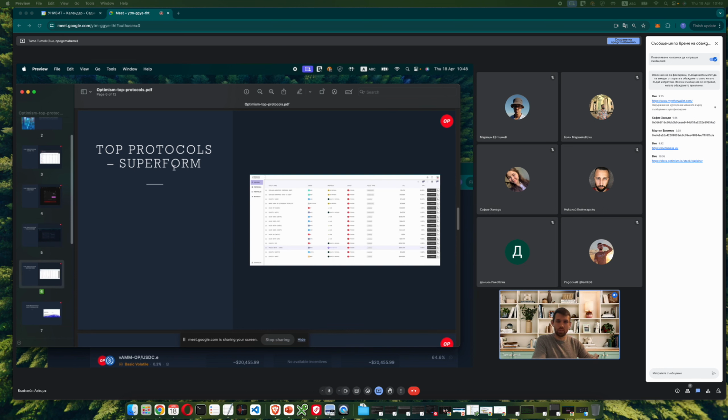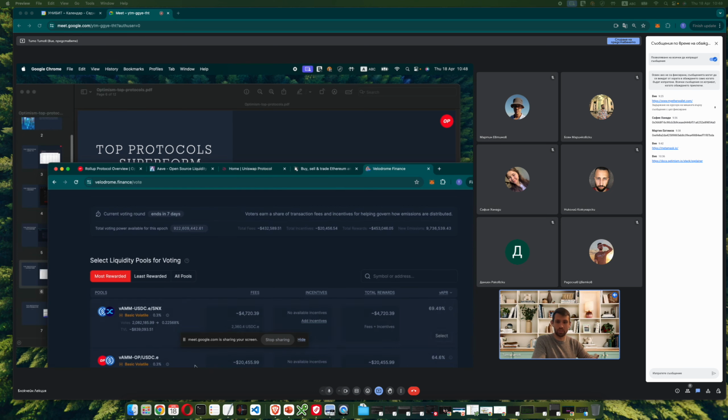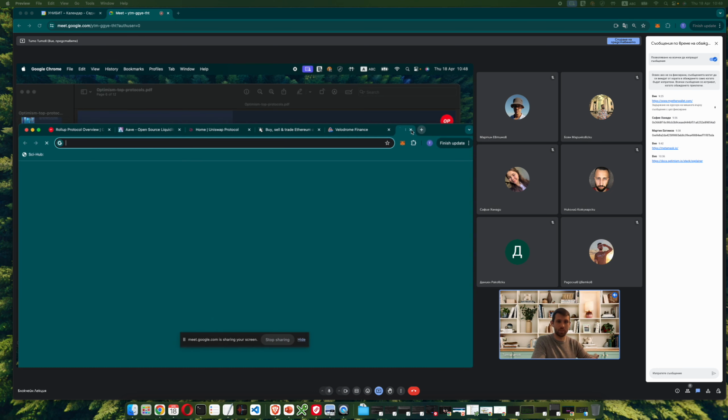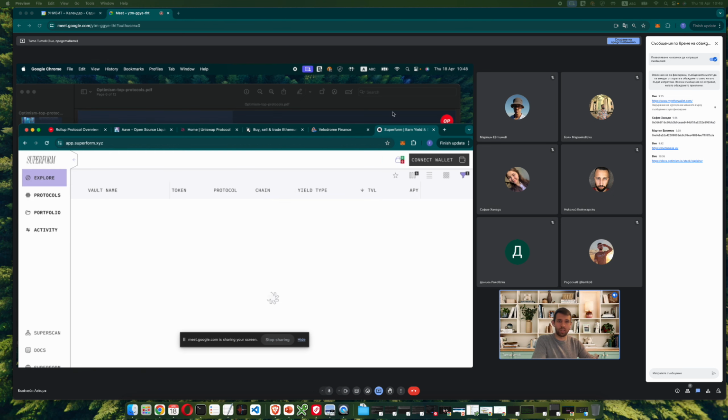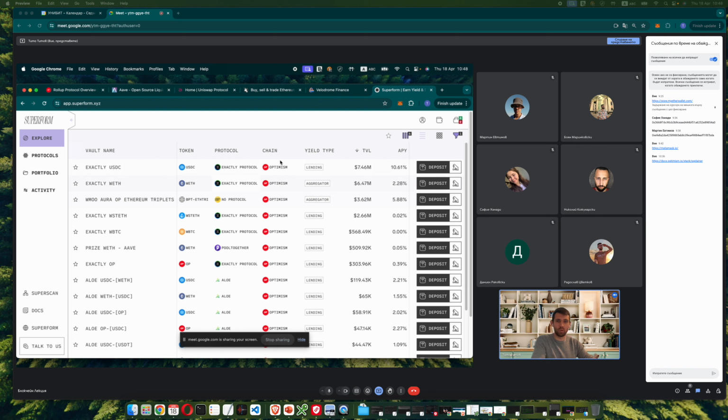Another protocol that is slightly different is Superform. It again has the same ideas, but it is mostly trying to show you what the possible liquidity options are and where you can provide liquidity. So, for example, it is giving you an option to provide liquidity on exactly this USDC protocol, exactly this protocol.